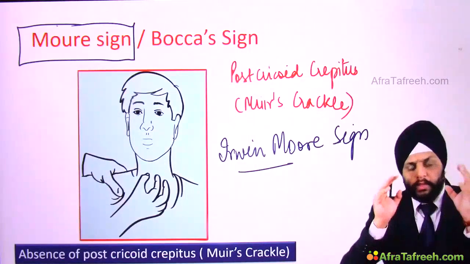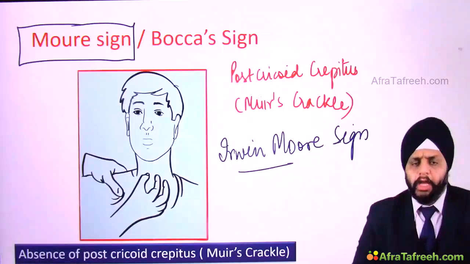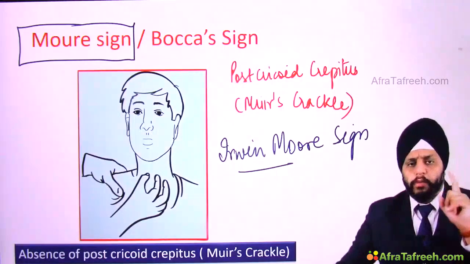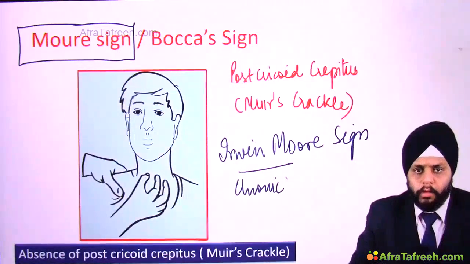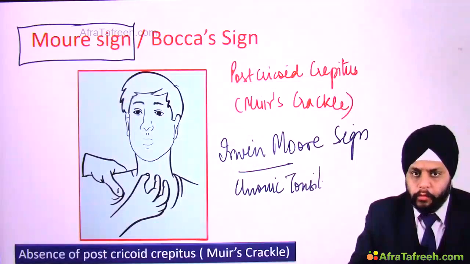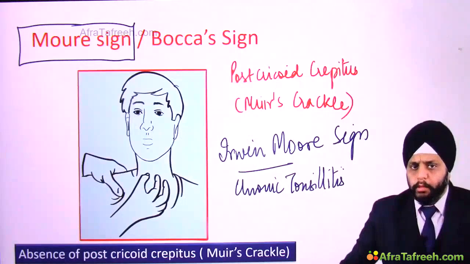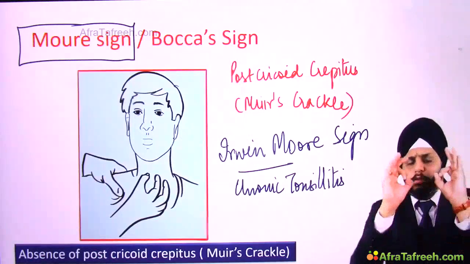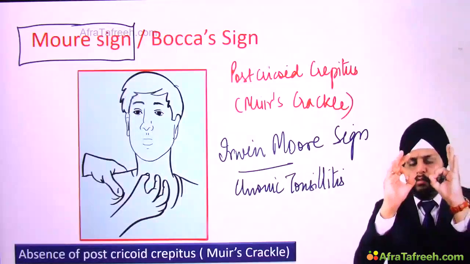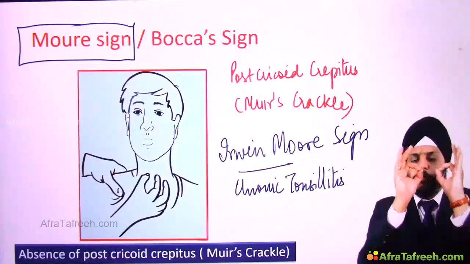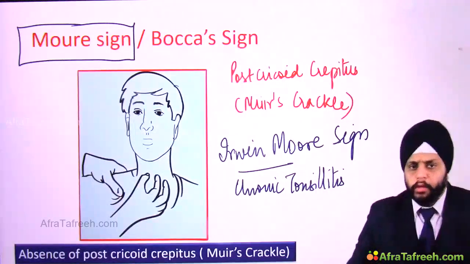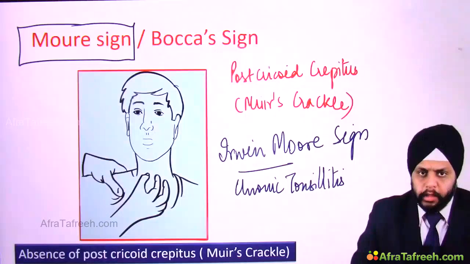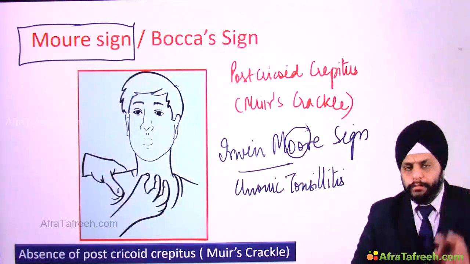So how can we remember this? Irwin-Moore dealt with chronic tonsillitis. Tonsils are two, right? Chronic tonsillitis will have two hypertrophied tonsils, so they appear like two O's. So Irwin-Moore with chronic tonsillitis has two O's, no confusion.